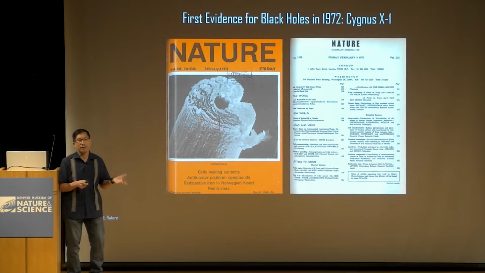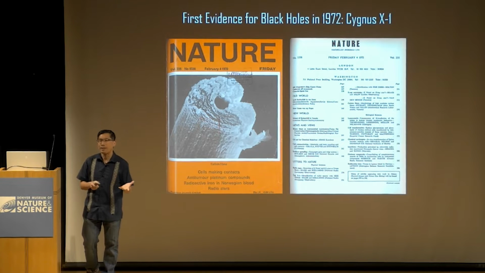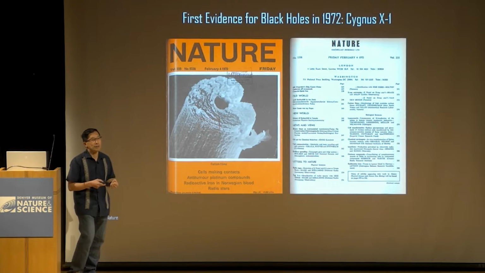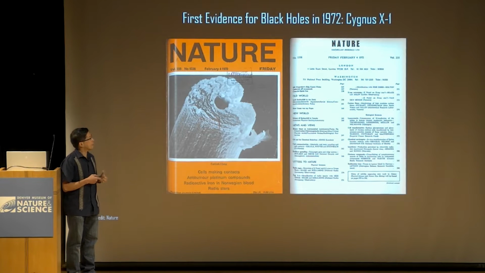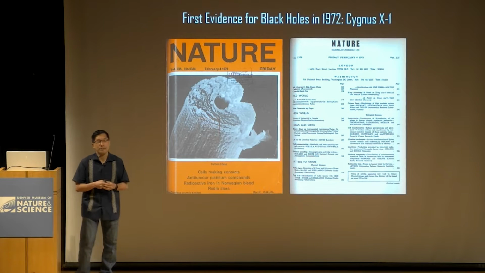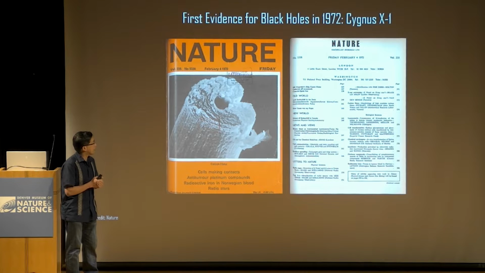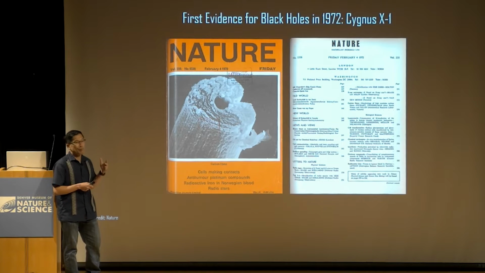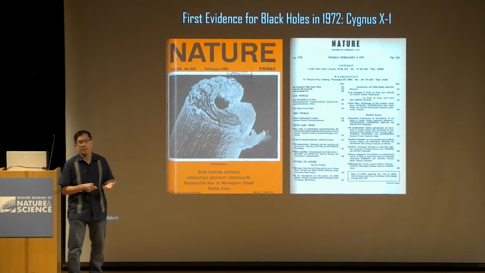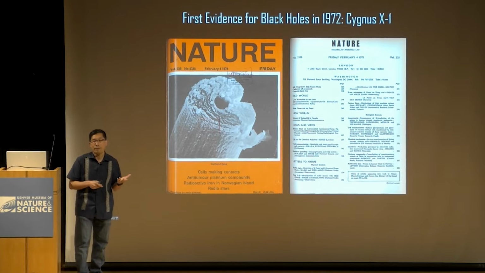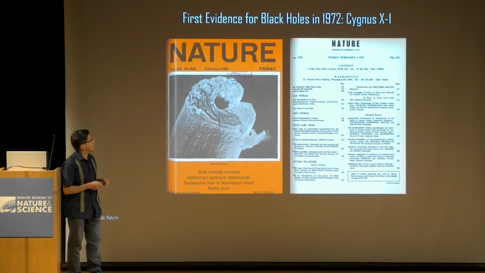And it turns out that even though theoretically physicists have been wondering whether black holes existed or not ever since Einstein, or soon after Einstein had published his general theory of relativity, the confirming evidence for their existence didn't come until about 50 years ago, so in 1972.